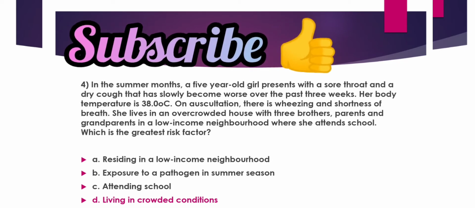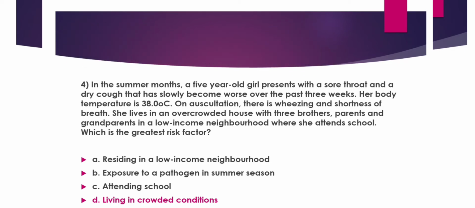Which is the greatest risk factor? Option A, residing in a low income neighborhood. Option B, exposure to a pathogen in summer season. Option C, attending school. Option D, living in crowded conditions. Option D, living in crowded conditions is the correct answer.